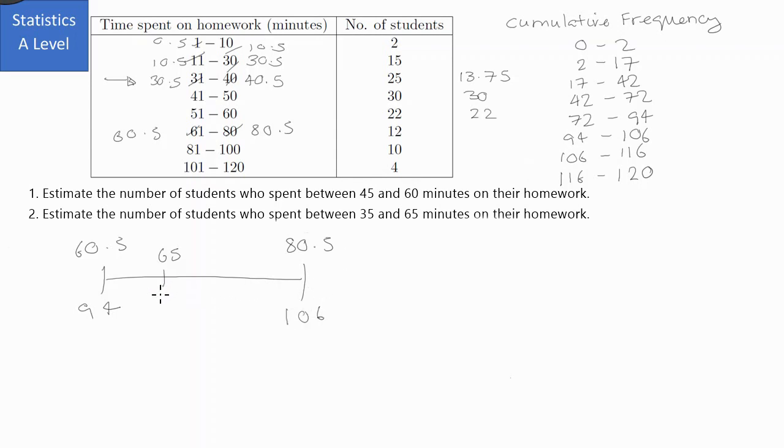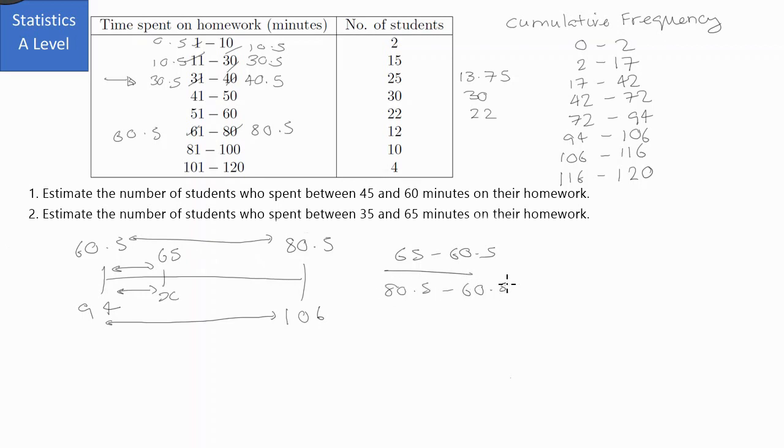Now, and this is x. So again, small line divided by big line is equal to small line divided by big line. So this small line is going to be 65, take away 60.5. And that big line is going to be 80.5, take away 60.5.